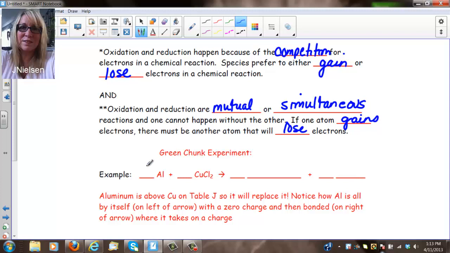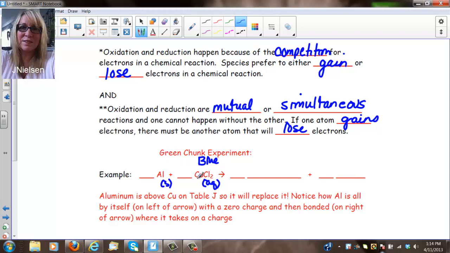This is called a green chunk experiment. If I take aluminum and I put it in a copper chloride aqueous solution, okay, this is a blue solution, and I will do this demonstration for you in class. If I take aluminum and I put it in a copper chloride solution, remember that a reaction can take place according to Table J, because aluminum will push out copper because it is above it.